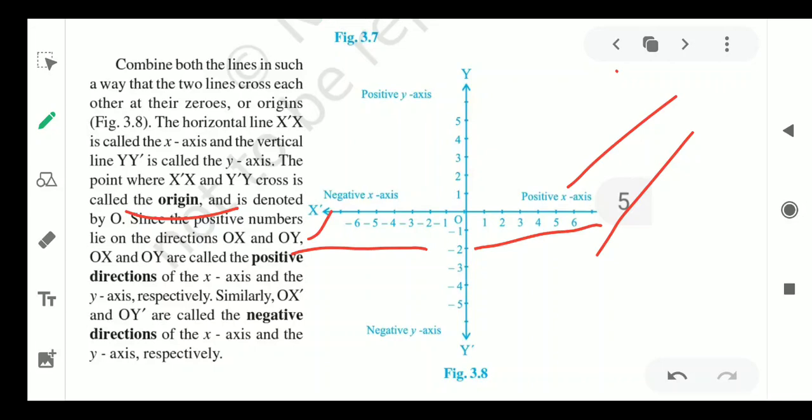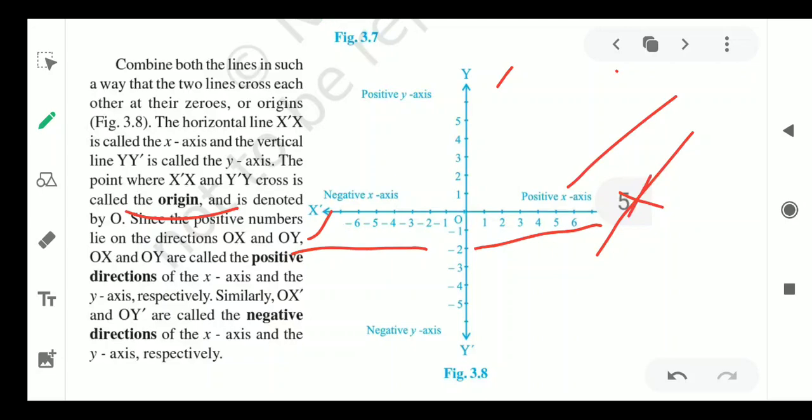In the same way, this vertical line is called the y-axis. Here y dash, this is x dash. This y-axis and x-axis meet at origin, that is one point.